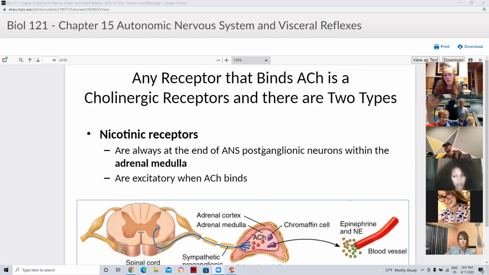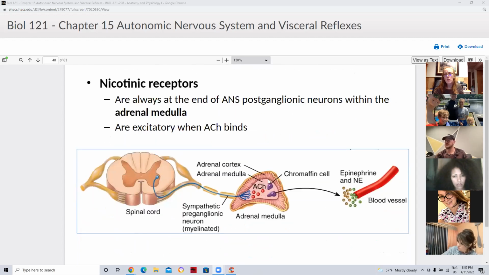It's preganglionic, because we don't have postganglionic neurons in the adrenal medulla. We only have chromaffin cells that are modified postganglionic neurons. Change that right after class tonight, but it should say preganglionic, not postganglionic. And they're always excitatory when acetylcholine binds.